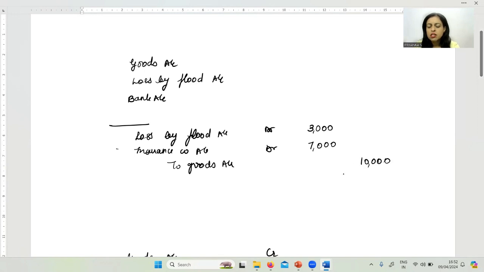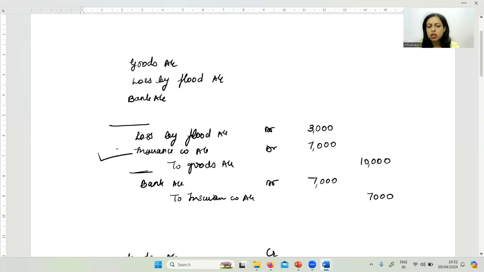Now, in this case, the end is not here. What has happened? The insurance company has made the payment to us. So we received the money in our bank account, debit 7,000, right? And to insurance company account, 7,000.